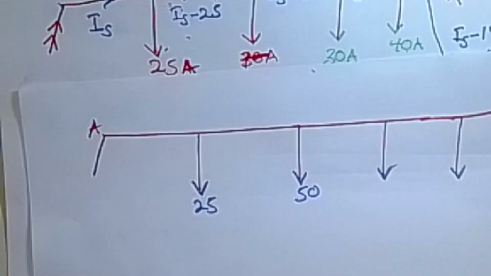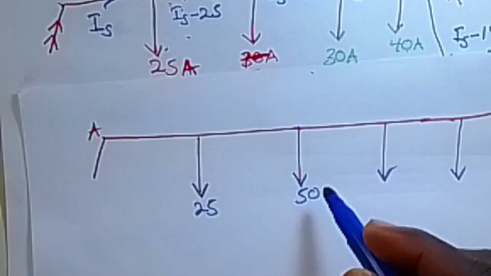Sorry, the people online can't hear me. So I was saying that proceeding from there, we shall have our values of current still being tapped off, which were 25, 50, 30 amps, and 40 amps.